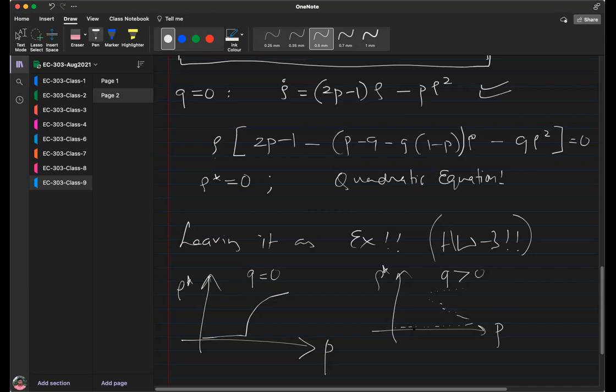There are 2 possibilities. One possibility is that you can start by assuming this is stable. If this is stable, this has to be unstable, then this becomes stable. Alternatively, you can also have the following: this is unstable, this is stable, this is unstable. So basically, you can have multi-stability.